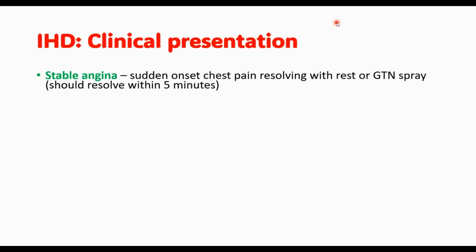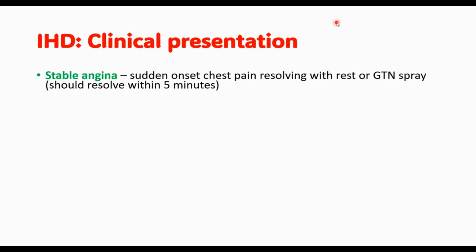So the main symptom patients can present with as a result of this process is chest pain, and this can happen due to various reasons. The first one is stable angina, and this is sudden onset chest pain, which can resolve with rest or with GTN spray.